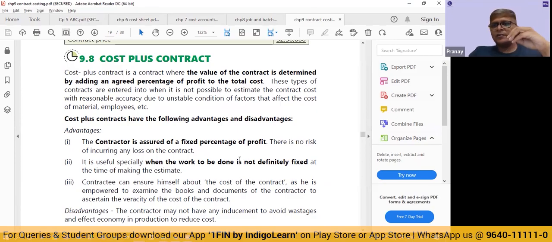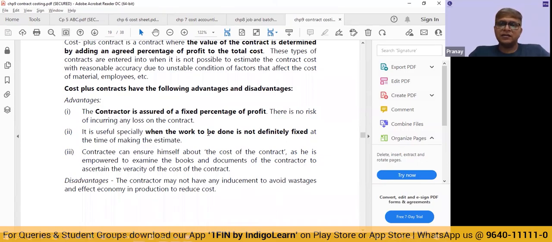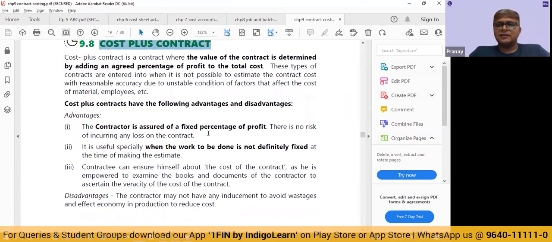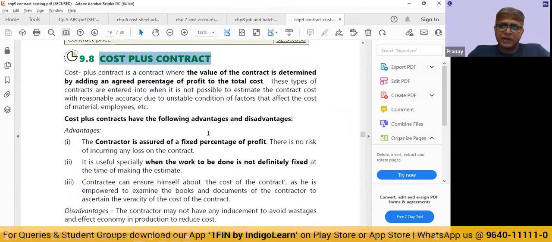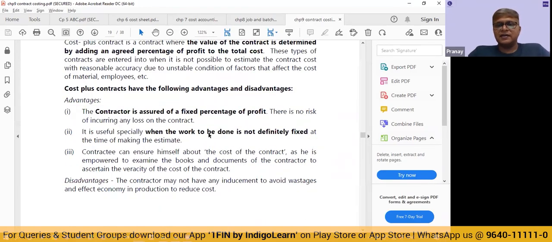But due to unavoidable circumstances, the cost has increased by 70, 80%. Maybe 9 lakhs is now going to become 15 lakhs. Without an escalation clause or cost plus contract, the contractor will go into a loss. So usually they have an escalation clause for long contracts, which will safeguard the contractor and of course the project also.